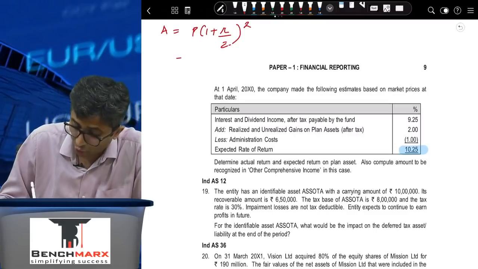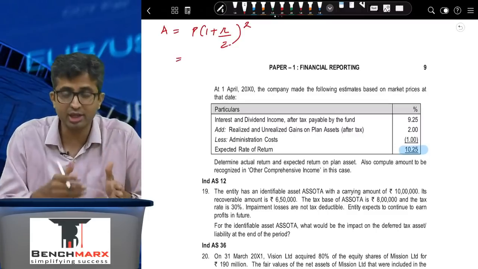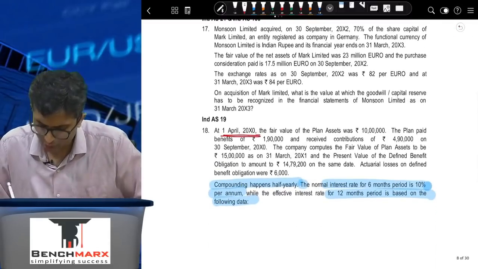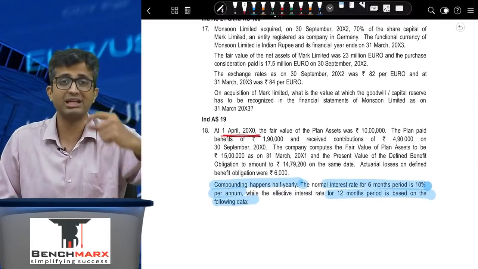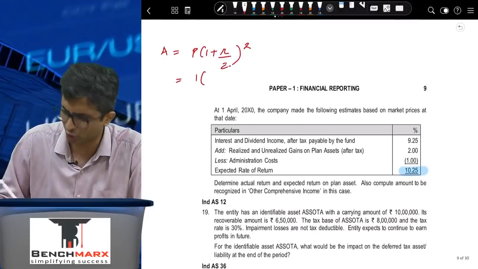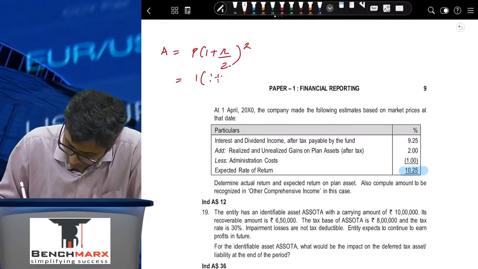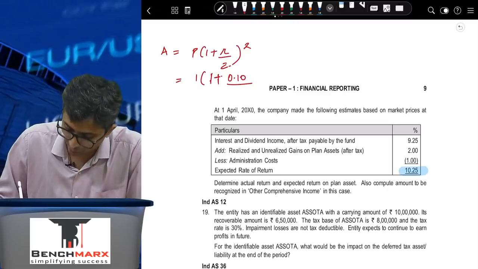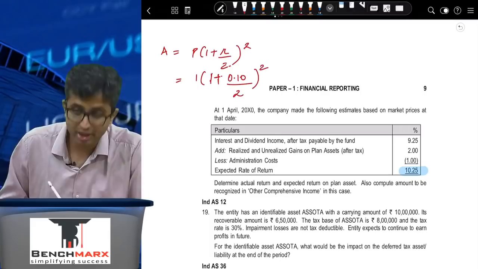So if I want to find the value of 1 rupee today at the start of the year, let us say on 1st of April 2010, what is the value of that 1 rupee on 31st March 2011? If I were to invest 1 rupee now, that will become 1 plus 0.10, that is 10% half yearly compounded, divided by 2, raised to 2.